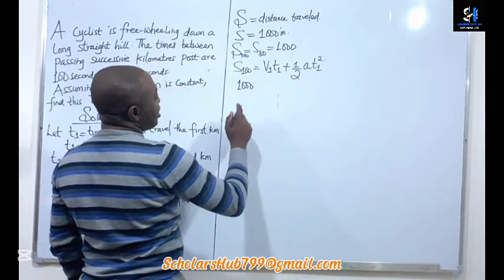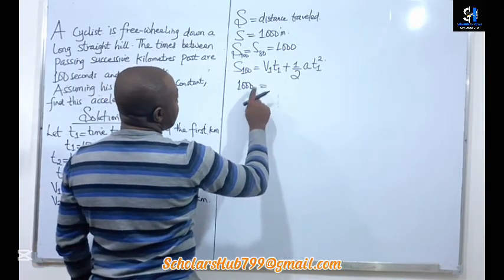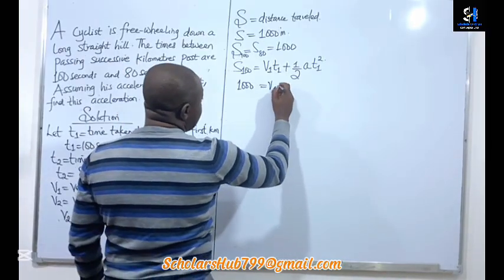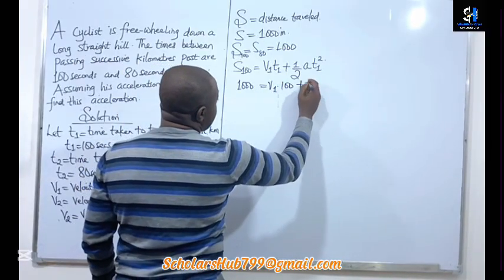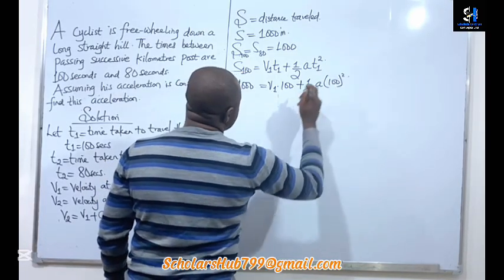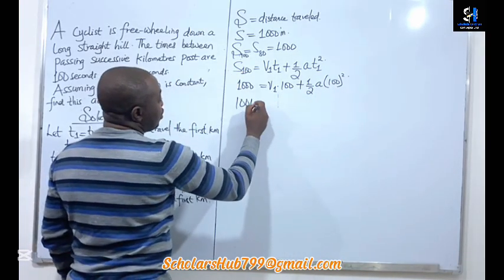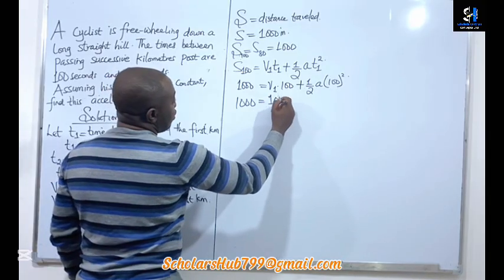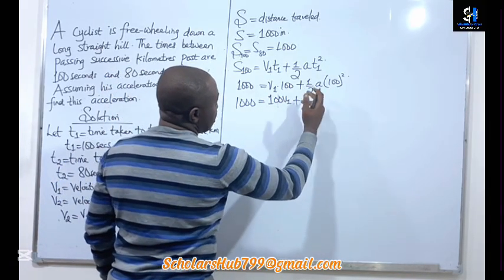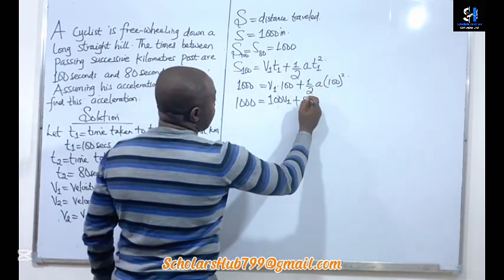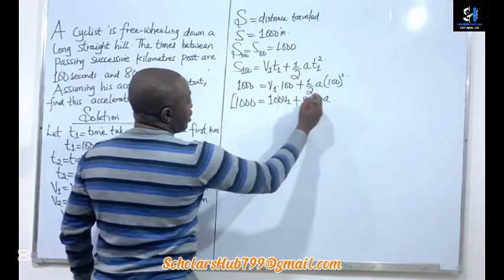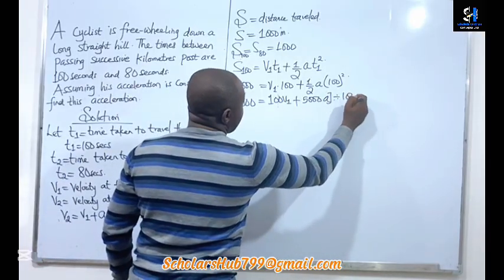So V1, which is unknown, multiplied by 100, plus 1/2 of A times 100 raised to the power of 2. So this will be 1000 equals 100 V1 plus 10,000 divided by 2, that will be 5,000 A. So now let's divide this by 100.